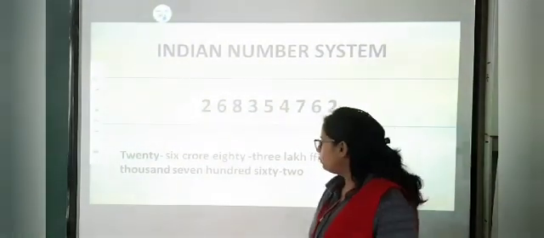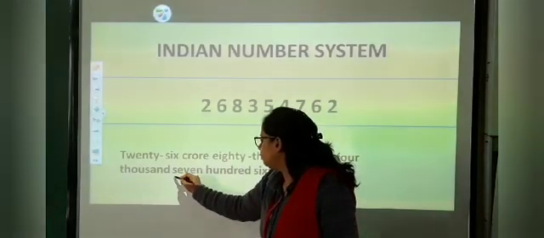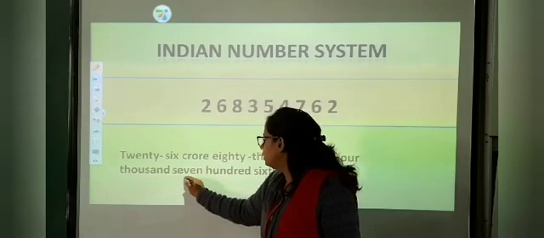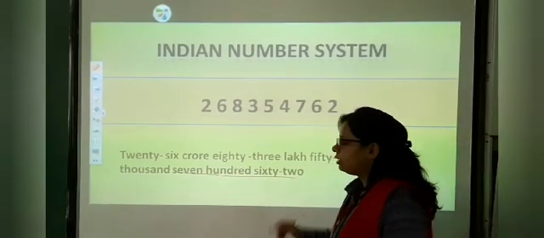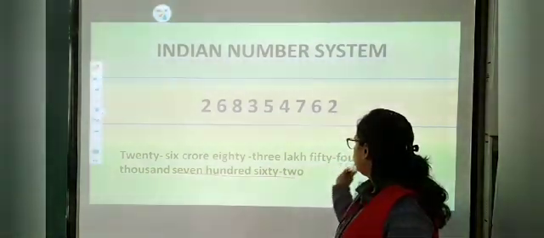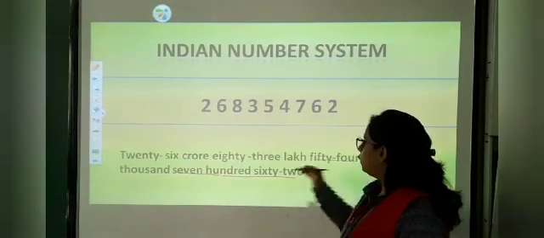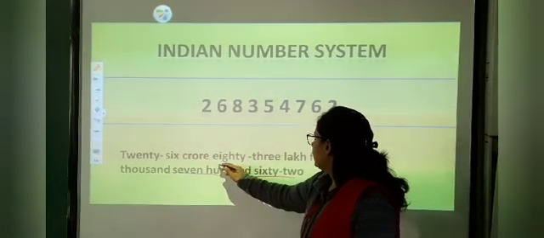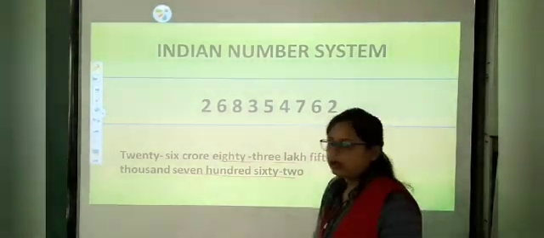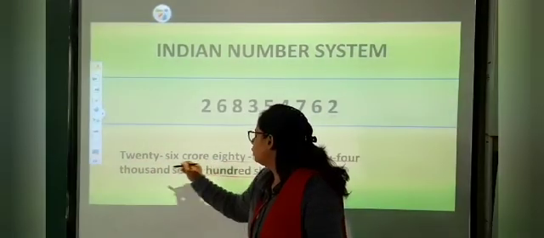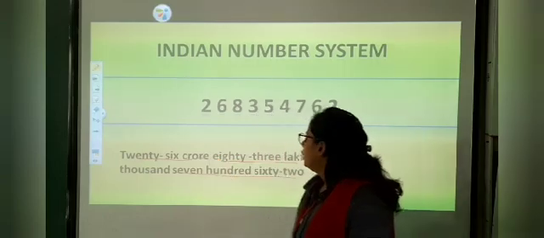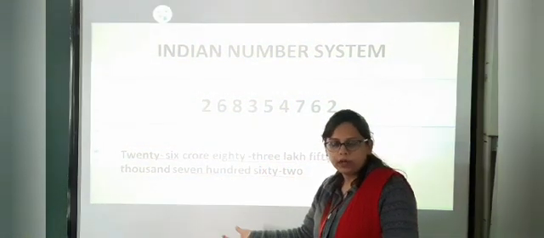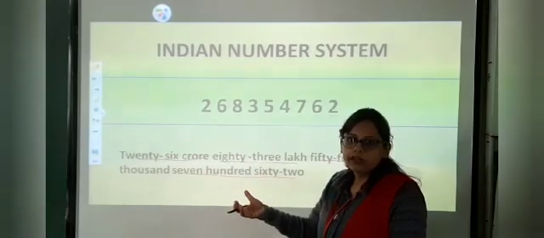How can we group the number? See, from the right, the number can be grouped as 762, then 54,000, then 83 lakh and at last 26 crore. So children, how we read the number and how we have grouped the number, we can group the digits also.